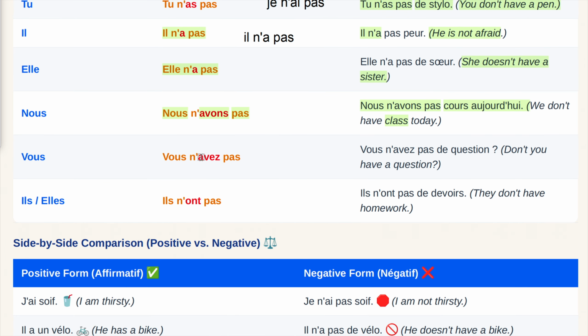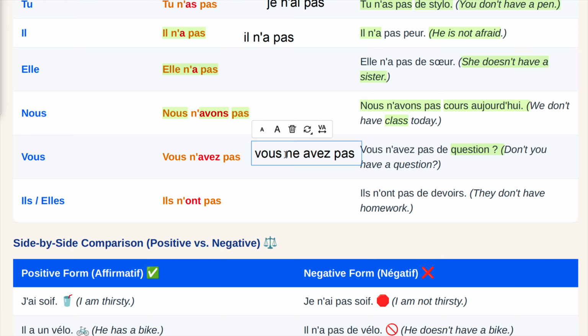D'accord? Next is don't you have a question? So this is for the formal one. Let me explain how we have done this one. Write down you have. So you have is nothing but vous avez. But if you want to make a negative of this, you add ne, and after avez we add pas. So it becomes vous ne avez pas.